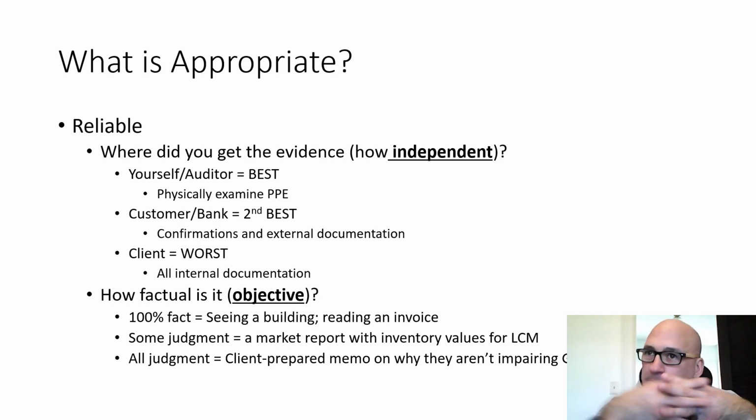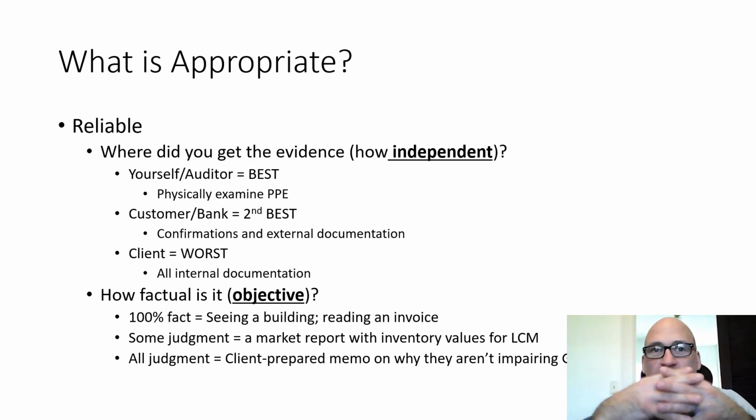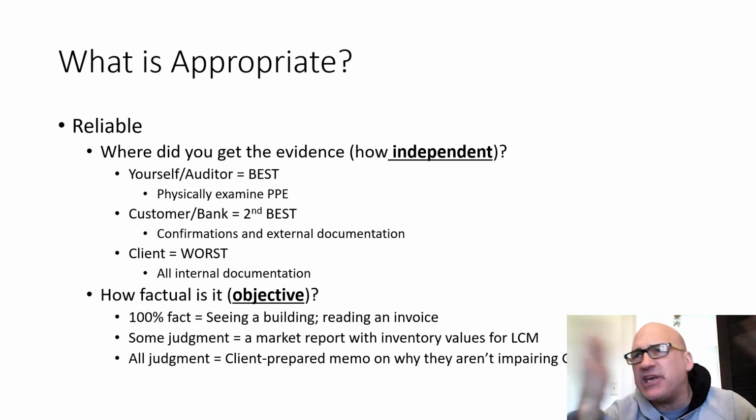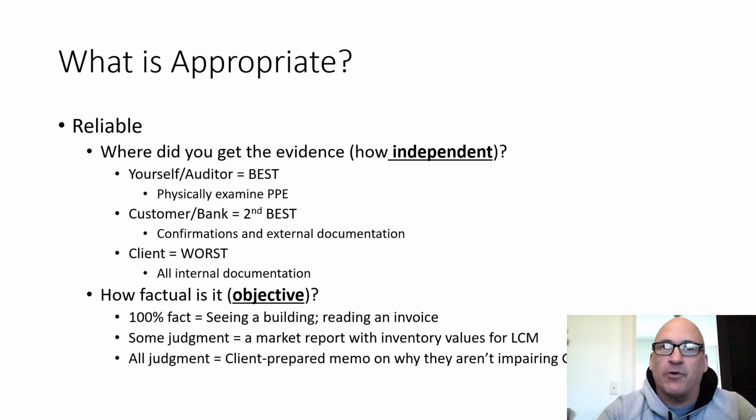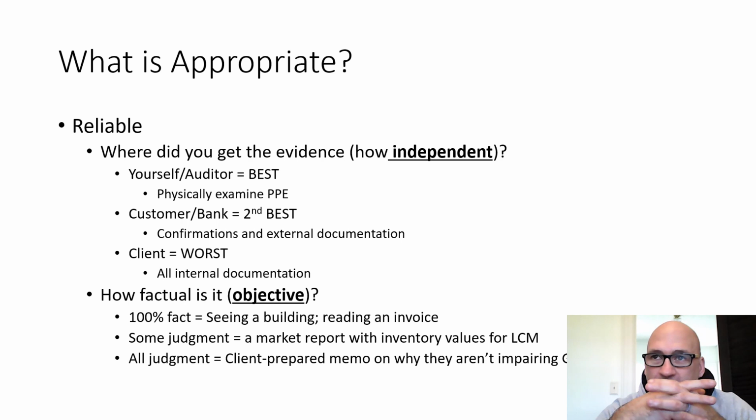So we're hoping, and sometimes you just can't get it, we're hoping to find evidence that is fact-based, not grounded in assumption, not grounded in, well, maybe we think. No, we're looking for fact-based evidence, objective. That's what objective means. But sometimes that's just not possible, okay?